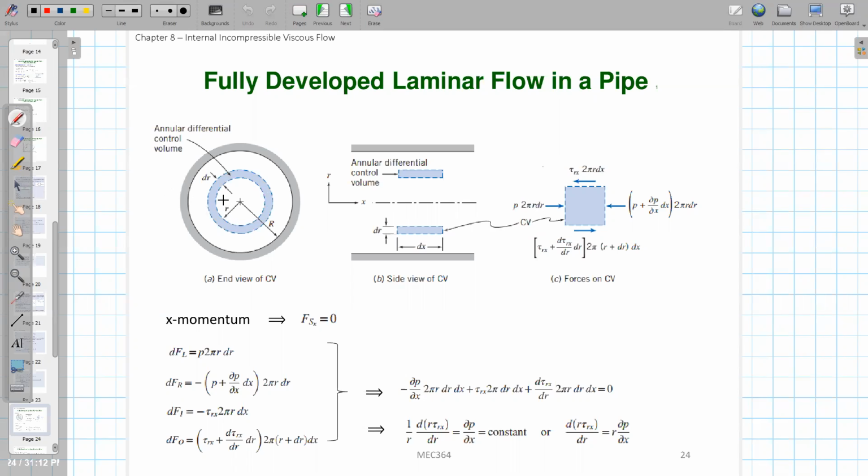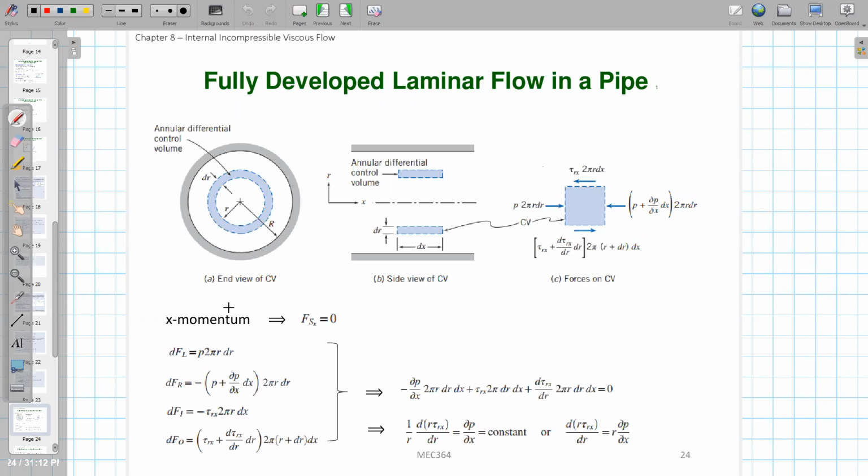It is the perimeter. Then times another dr, you get the area of this annulus. So for the left and the right side, this is their surface area. On the top and the bottom, the surface area also changes to 2 pi r times dx. So you have the stress times the area to get the force, and similarly for all the surfaces.